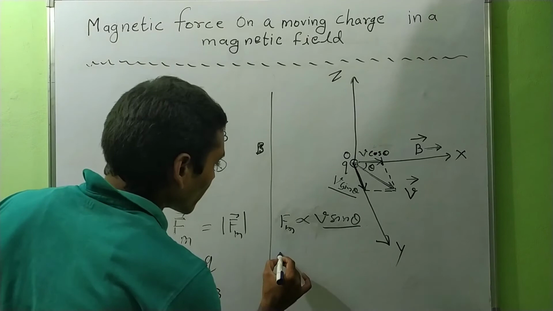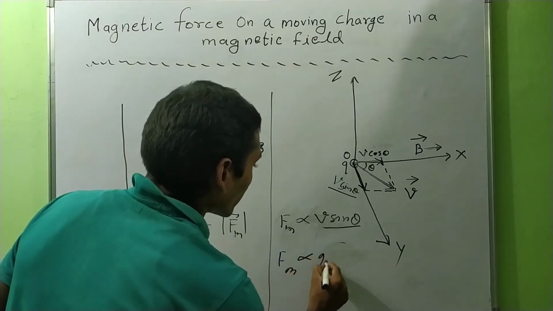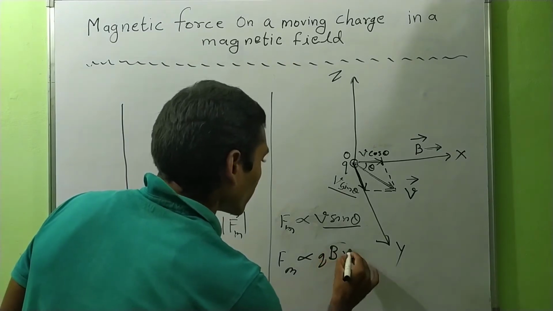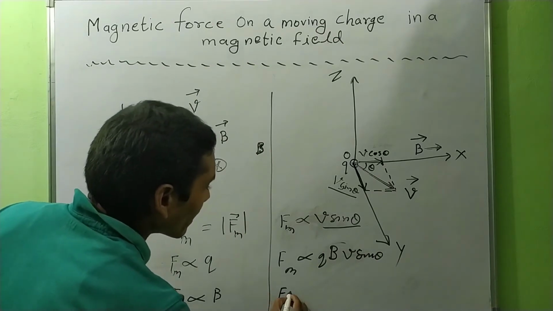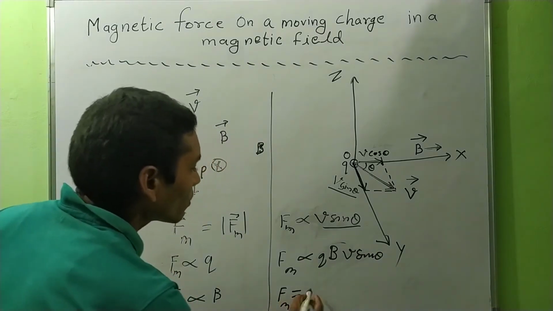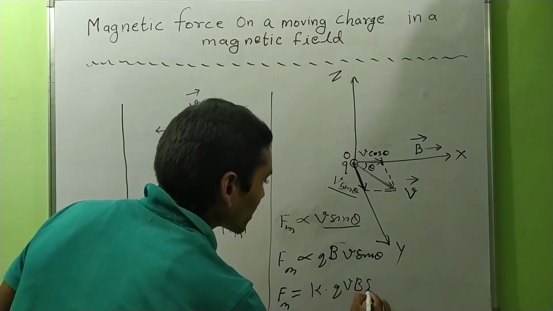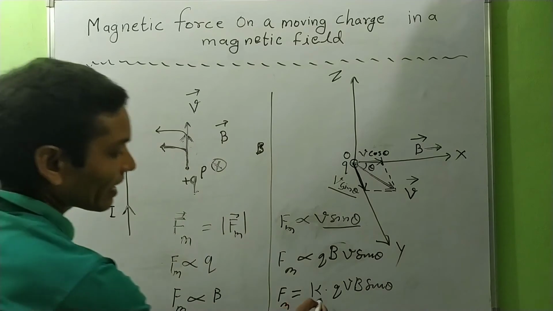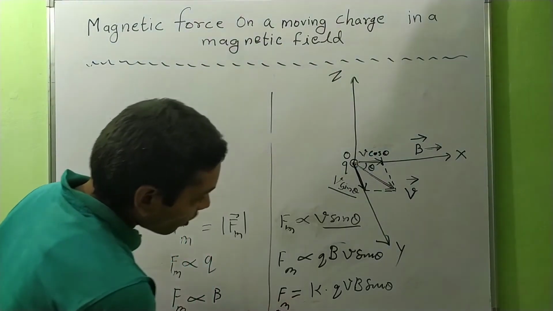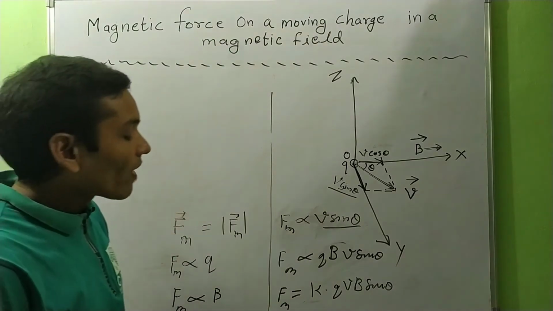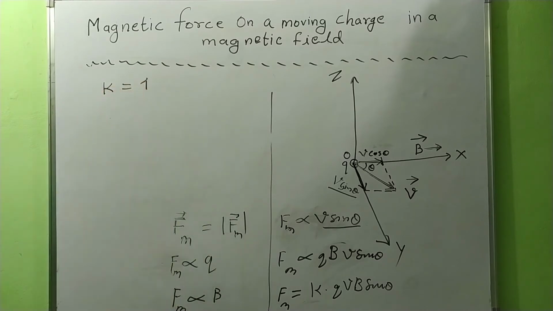On combining these factors, Fm is directly proportional to q B v sin theta, or Fm will be equal to small k q v B sin theta, where small k is the proportionality constant. The unit of this magnetic force is defined such that the value of k is equal to 1.